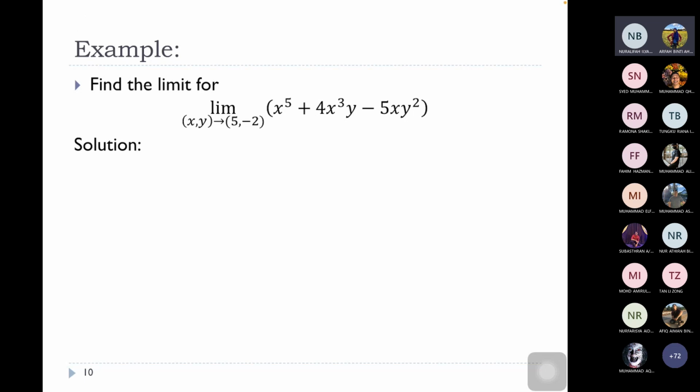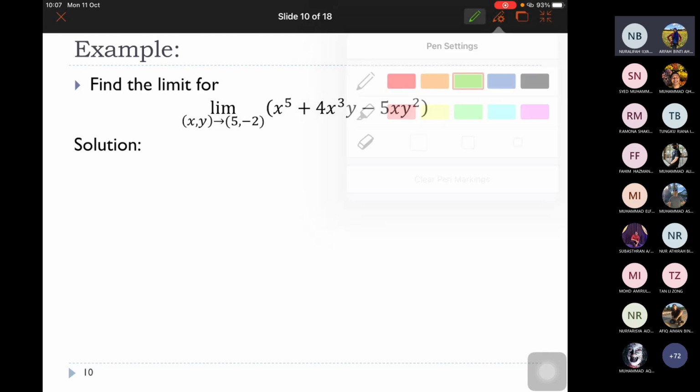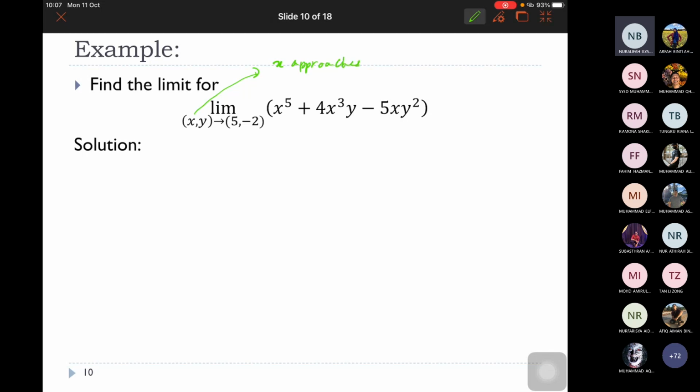Let's take a look at this example. Find the limit when x approaches 5 and y approaches negative 2. So in this case, x approaches 5 and y approaches negative 2.